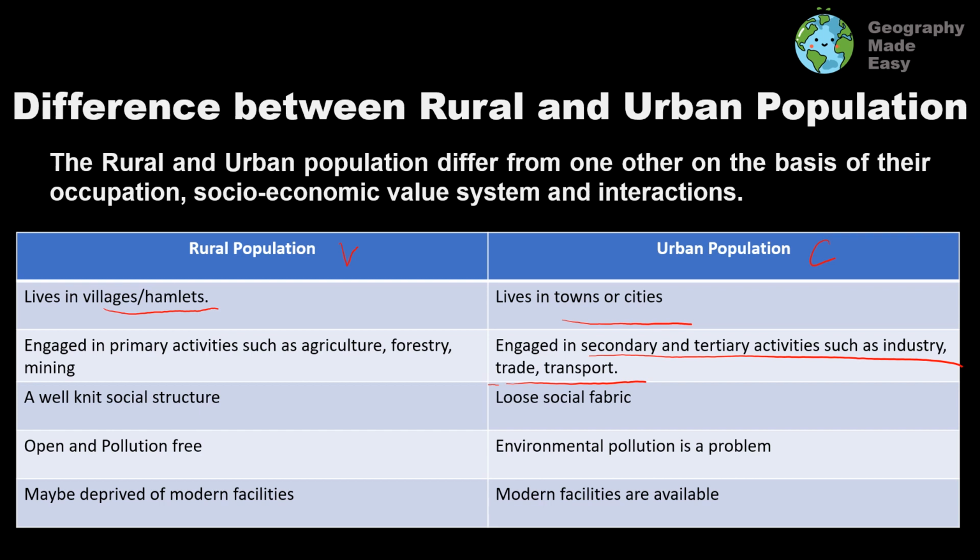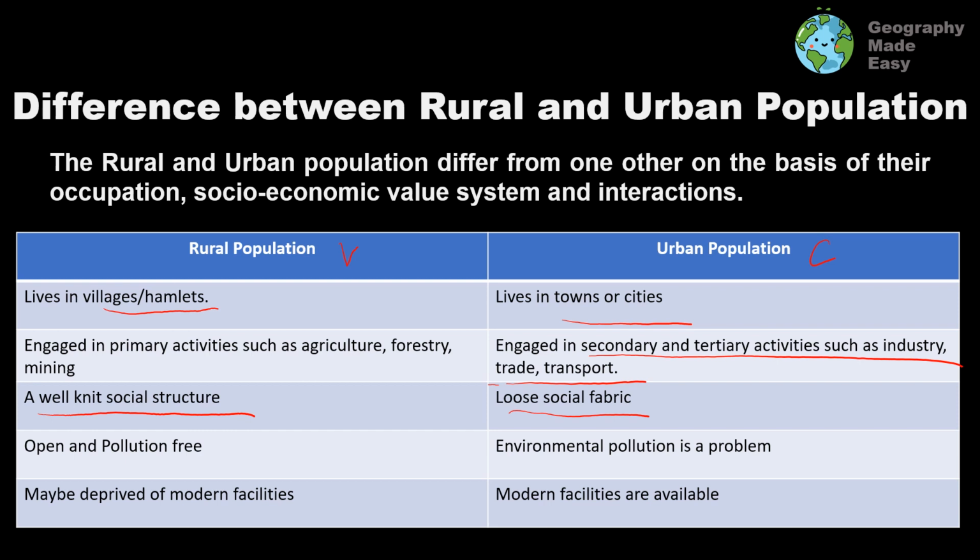And if somebody requires help, as in somebody's unwell or somebody has to go to the hospital or somebody dies, the entire community as a whole, in case of rural population, will respond to the emergency.